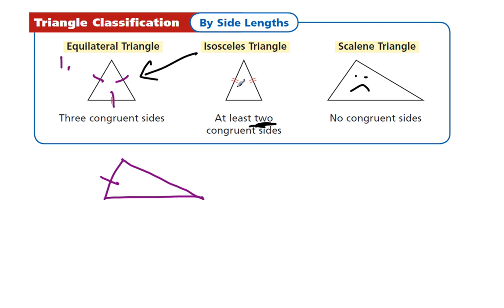Okay? 2 marks has nothing to do with it being isosceles. I don't know why they did it like that. They could have made this example easier if they had just made 1 mark and 1 mark to show that this side is the same as that.